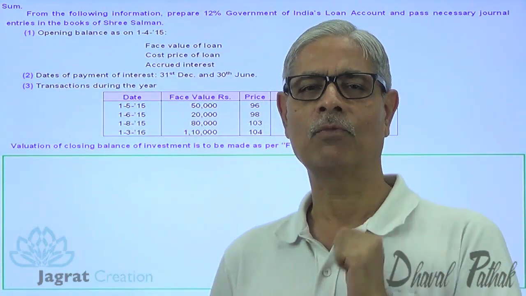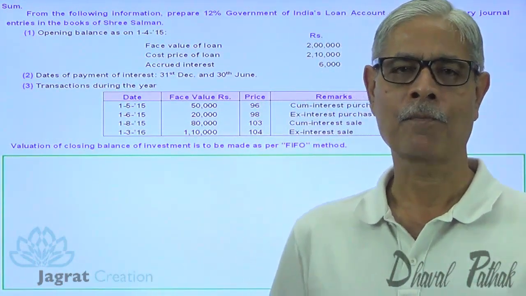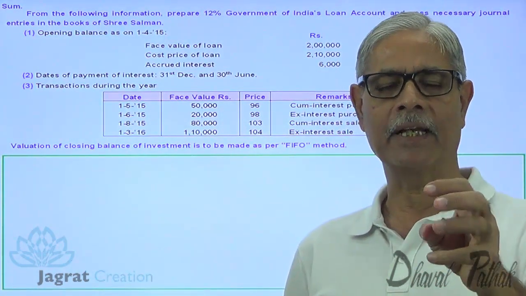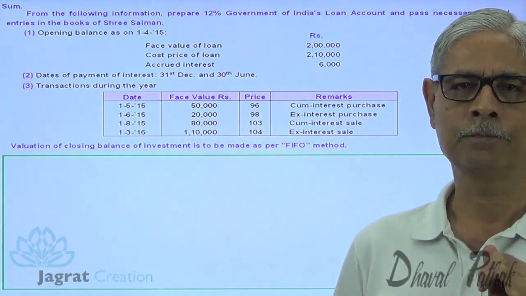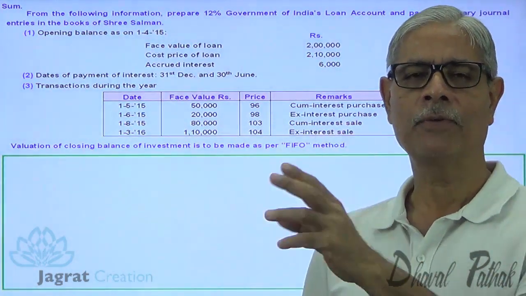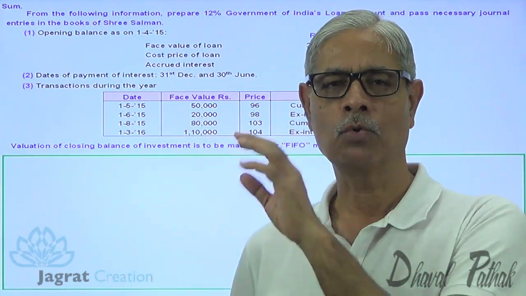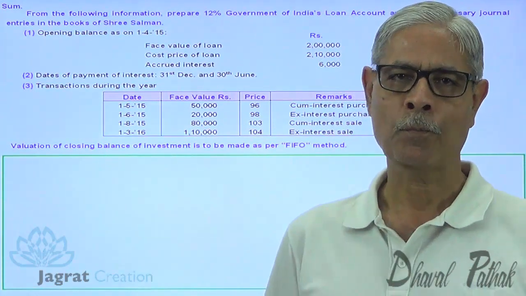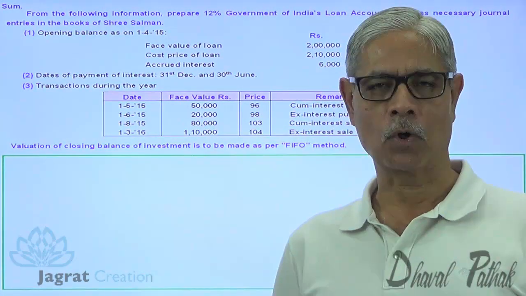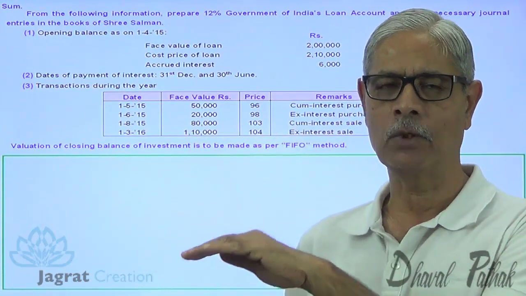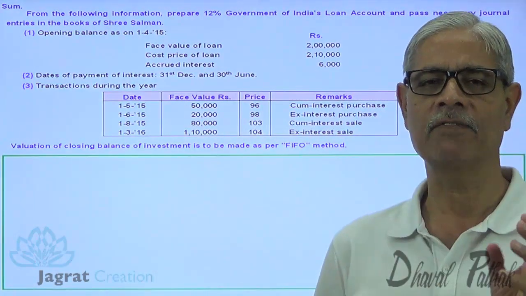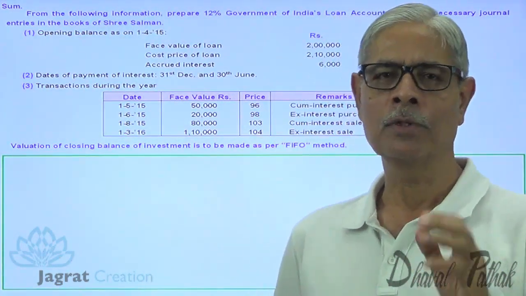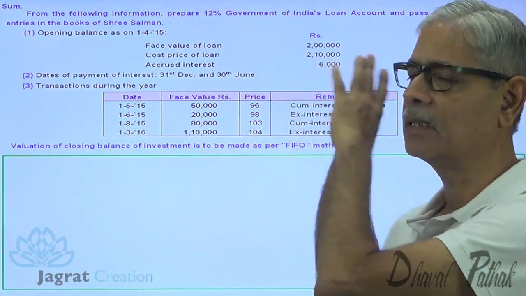When we are required to find out the profit or loss, all the purchases of investment will be debited to the investment account at cost, and all sales of investments will be recorded on the credit side of investment account at their net sales value. So purchases will be recorded at cost, sales will be recorded at sales value. The difference between purchase value and sales value may be identified as profit or loss, and we intend to find out such profit or loss by preparing this investment account.